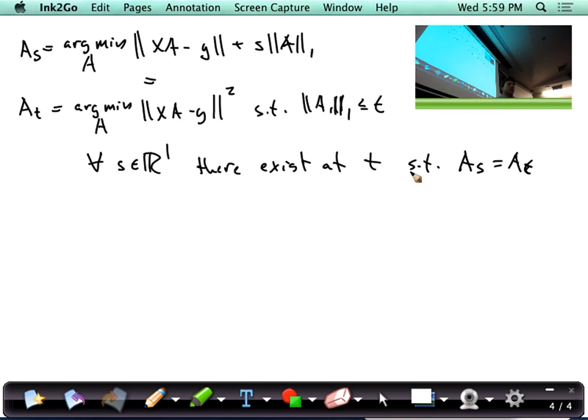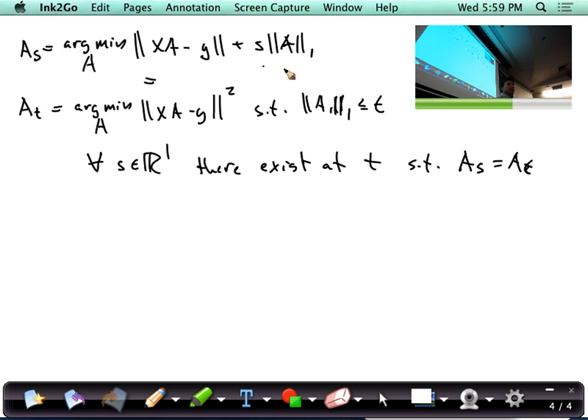So to see why this is true, what I can do is I can set this parameter. Let's see. I solve for A_S, and then I set T equal to the one norm of A_S.